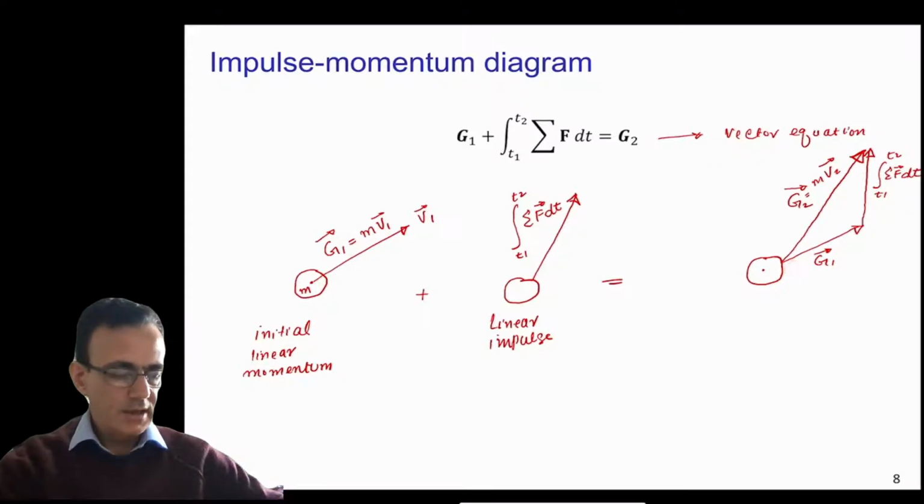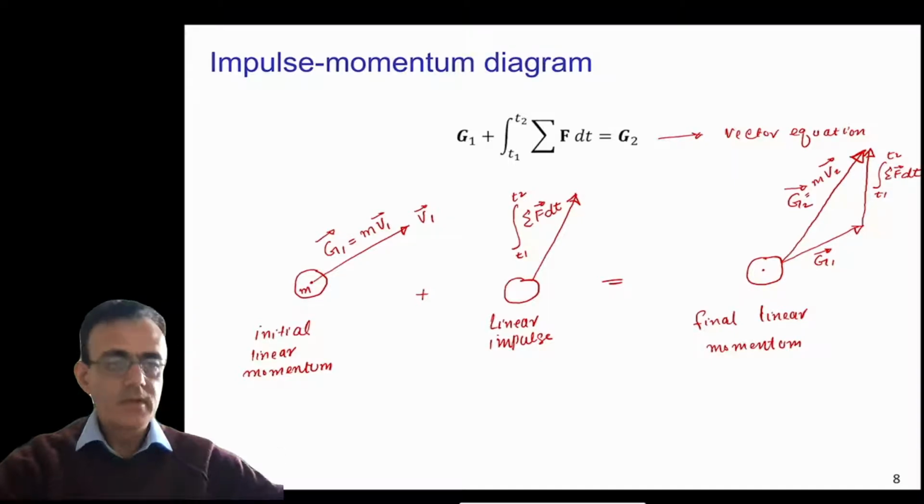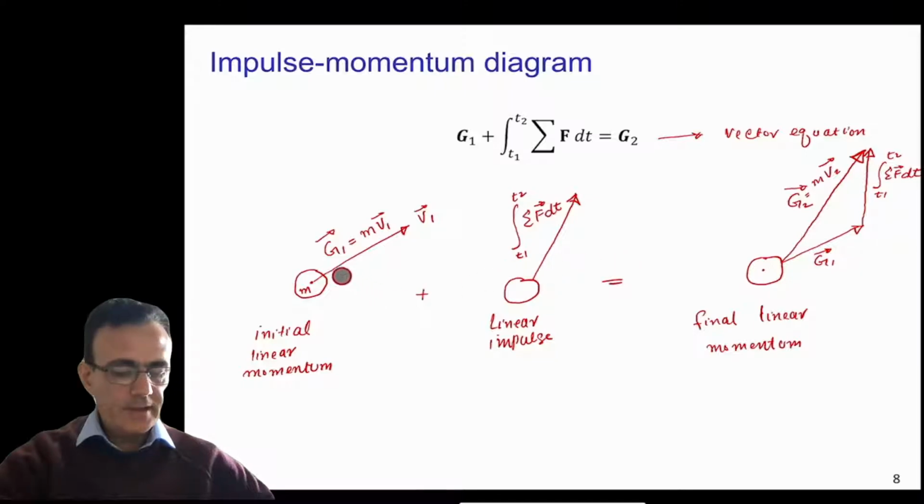This is what we call the final linear momentum. Okay, so this is the graphical representation of the impulse momentum principle, what we call the impulse momentum diagram here.